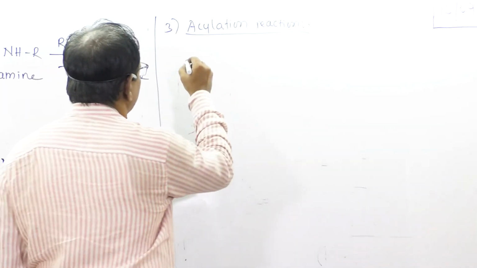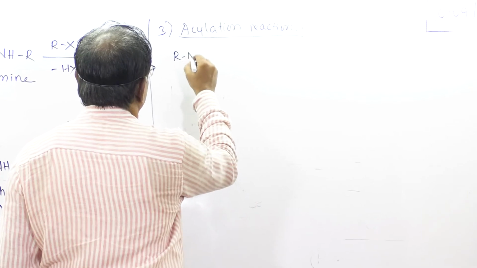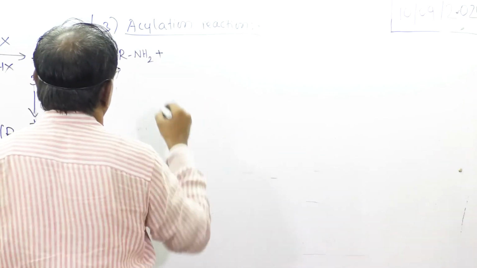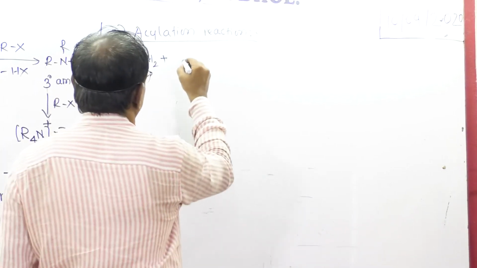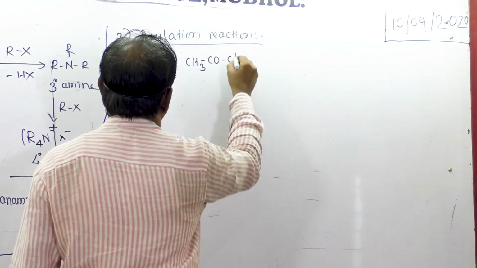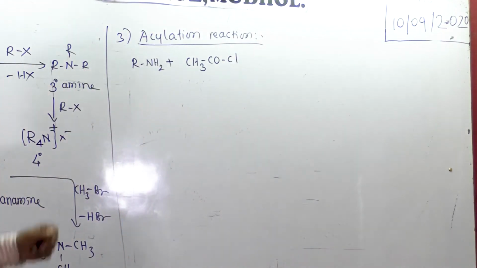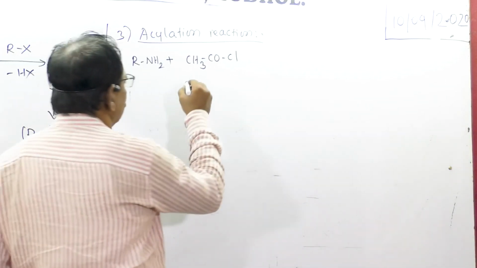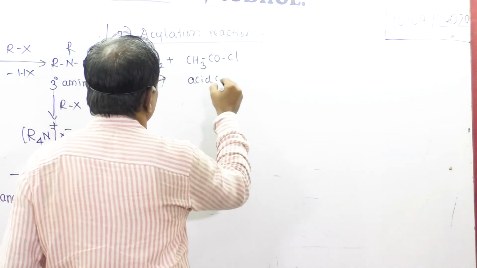So an example here is RNH2 plus CH3COCl. This is called an acid chloride.